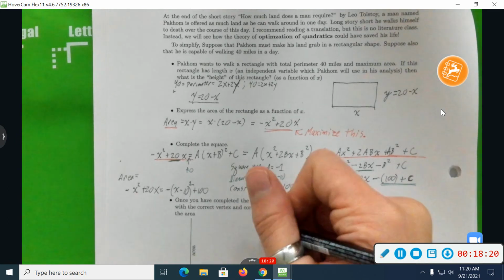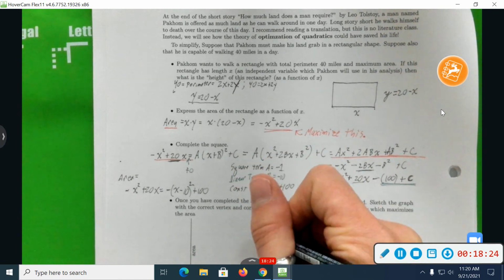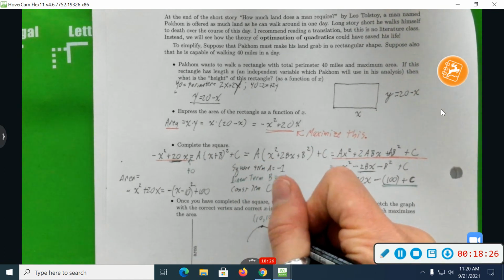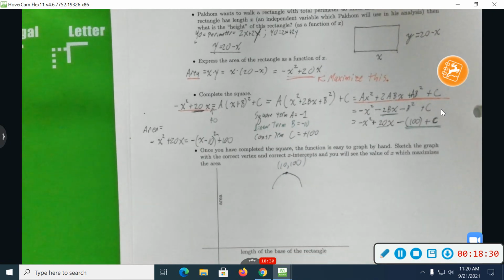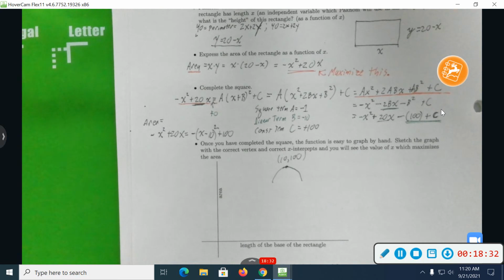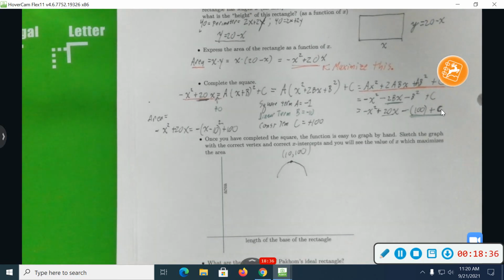So if I just wanted that vertex, I don't need to draw the rest of it, so I won't. So by looking at this graph, what is the maximum value for area that you see? 100.